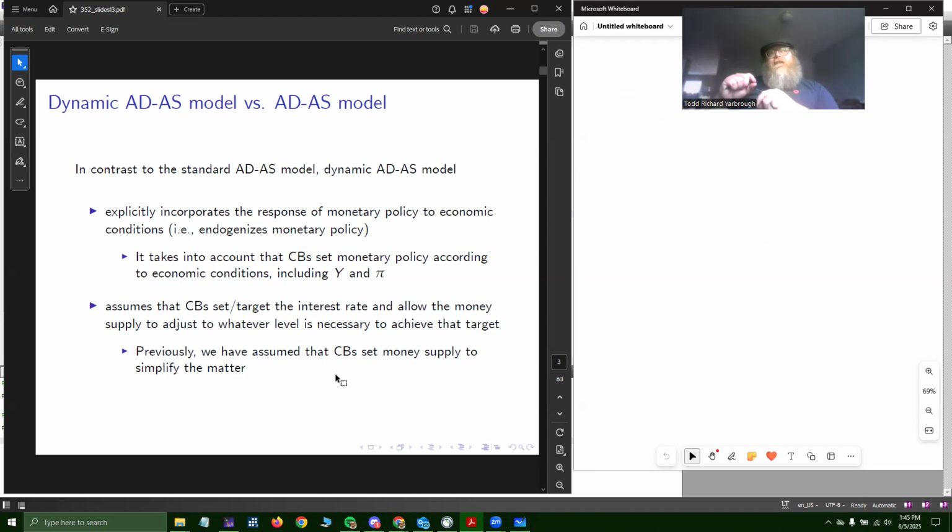The big thing that the dynamic ASAD model does is it now enables us to not only illustrate policy, but to model it and to actually model different versions which line up with different schools of thought, especially as it pertains to monetary policy.